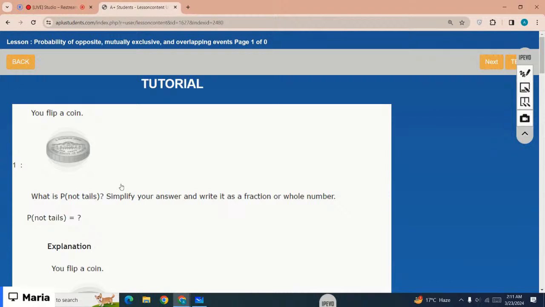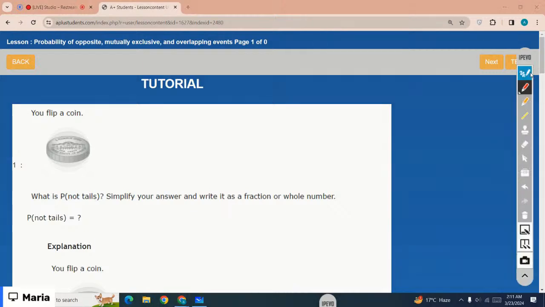You flip a coin. What is the probability of not tails, right? Not tails means heads, right? So in case of a coin, the probability of heads is, right?